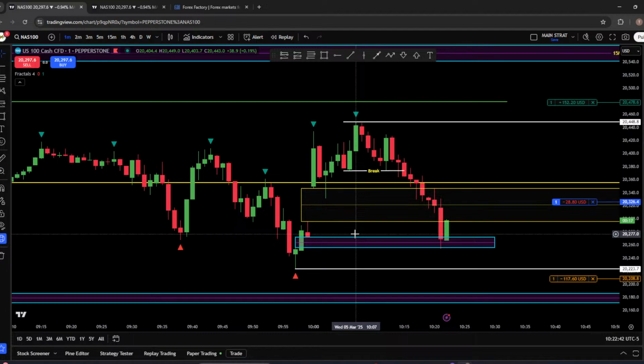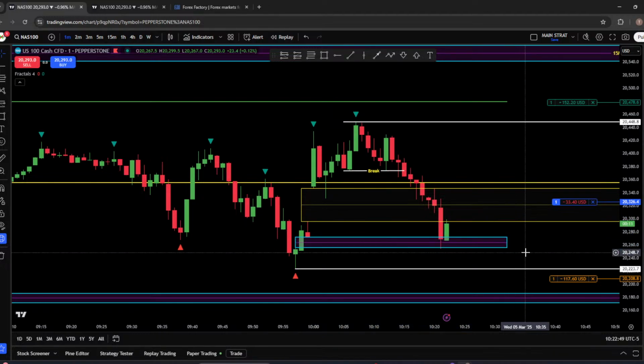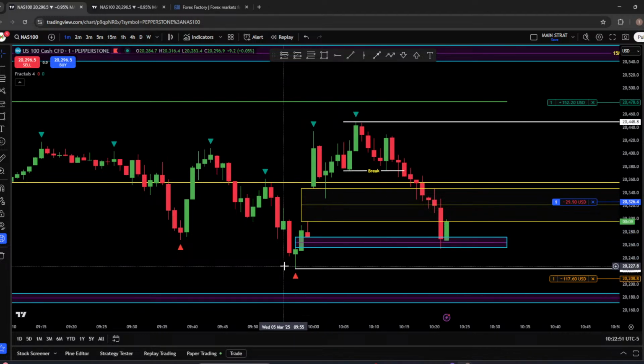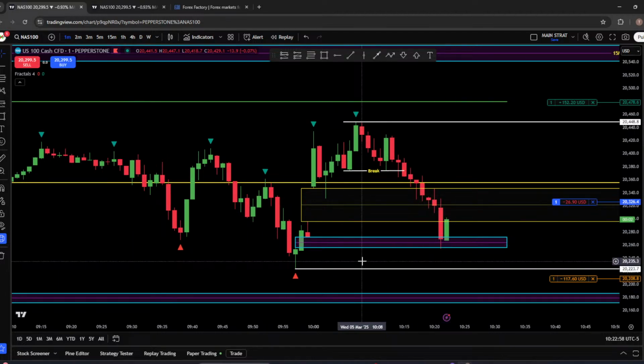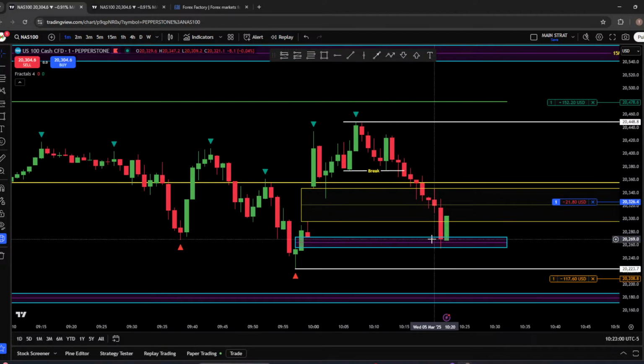That gap in there. This might turn inversion on us. We'll see if we can get a good push out.